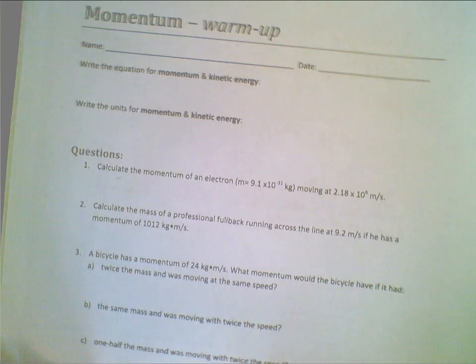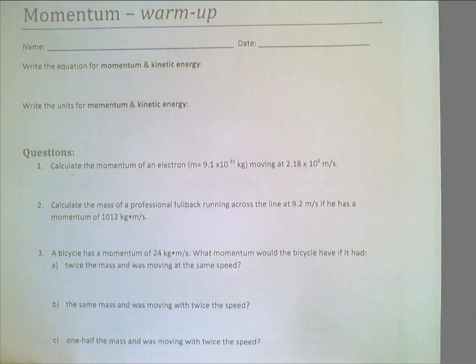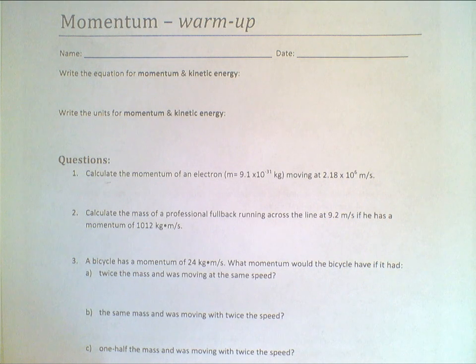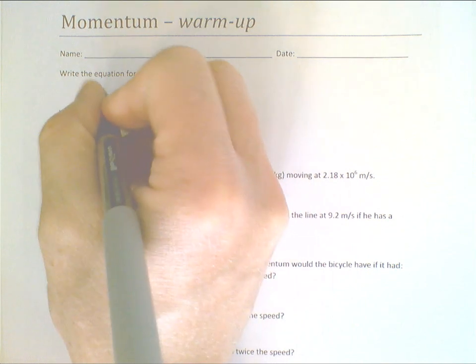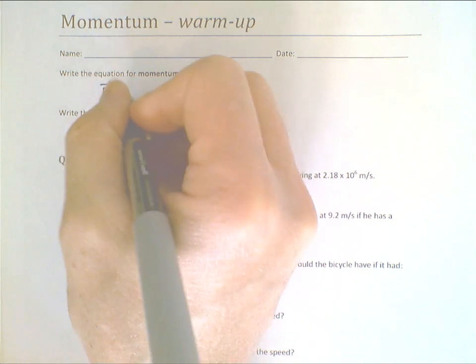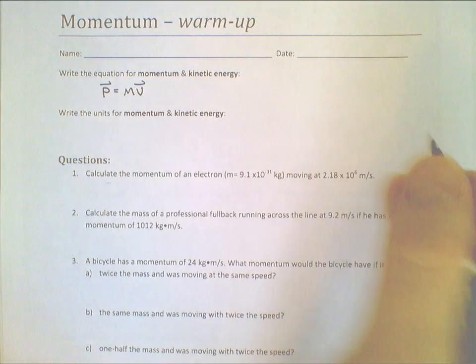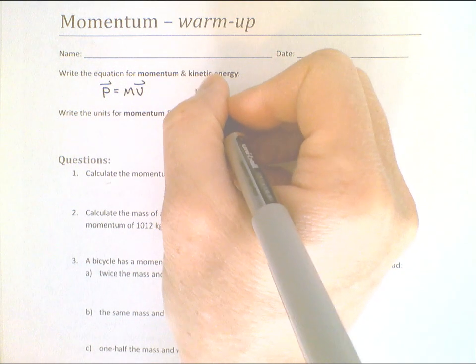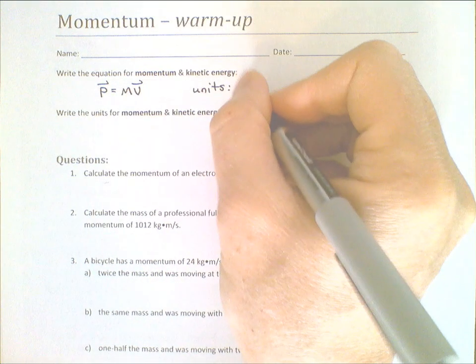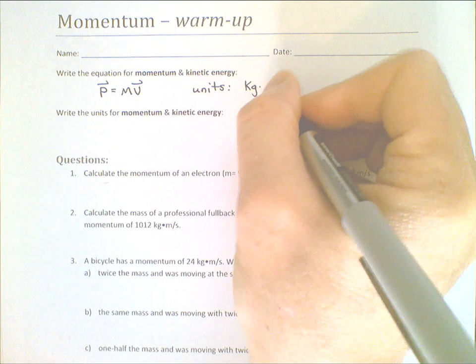The work you're going to do, the first part is your warm-up, and you're just going to quickly go through these. It's not too hard. So it says write the equation for momentum and kinetic energy and write the units for both. So we know that's the equation, and the units are kilogram meters per second.